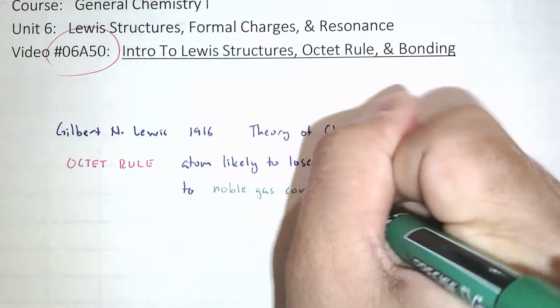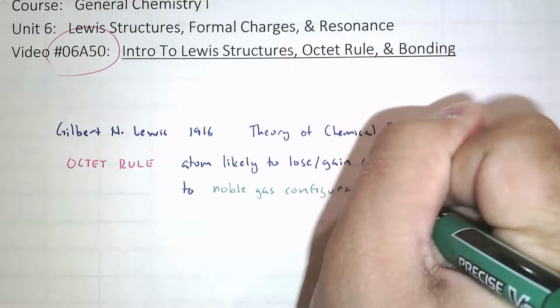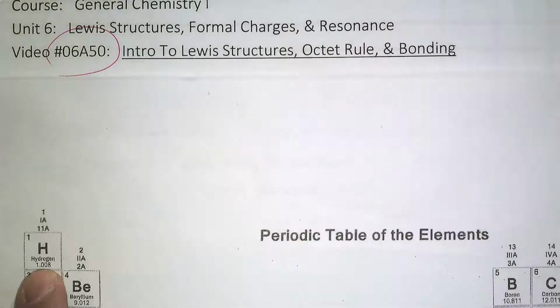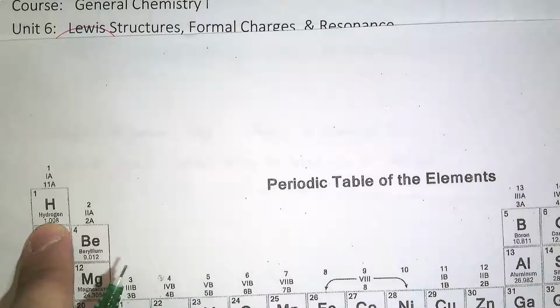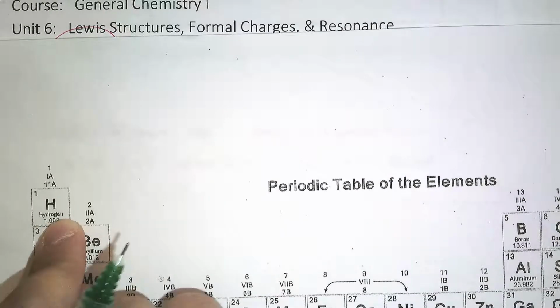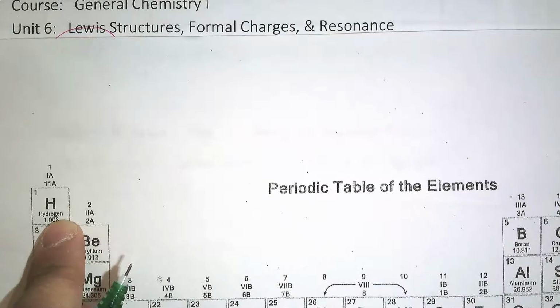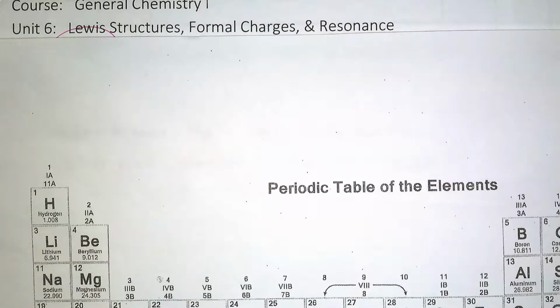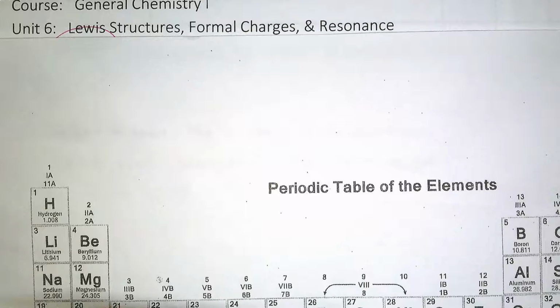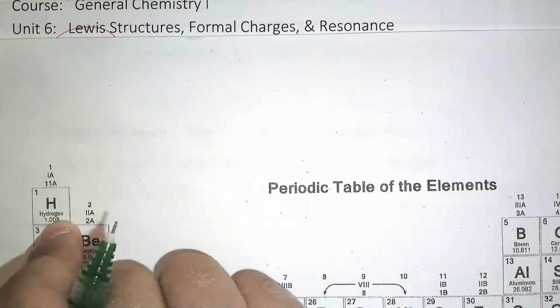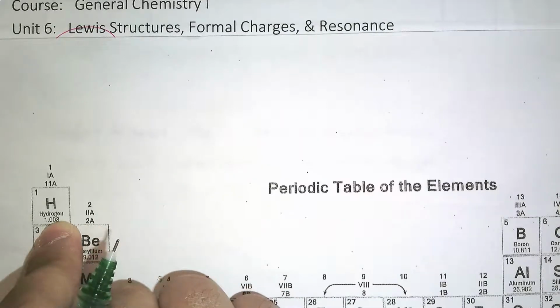If we look at the periodic table, particularly first for hydrogen, hydrogen is in period 1, and there's only one orbital in that period, and that's the 1s orbital. For the 1s orbital to be completely filled, you need 2 electrons. Therefore, hydrogen, when it has a filled valence shell, will have 2 electrons.